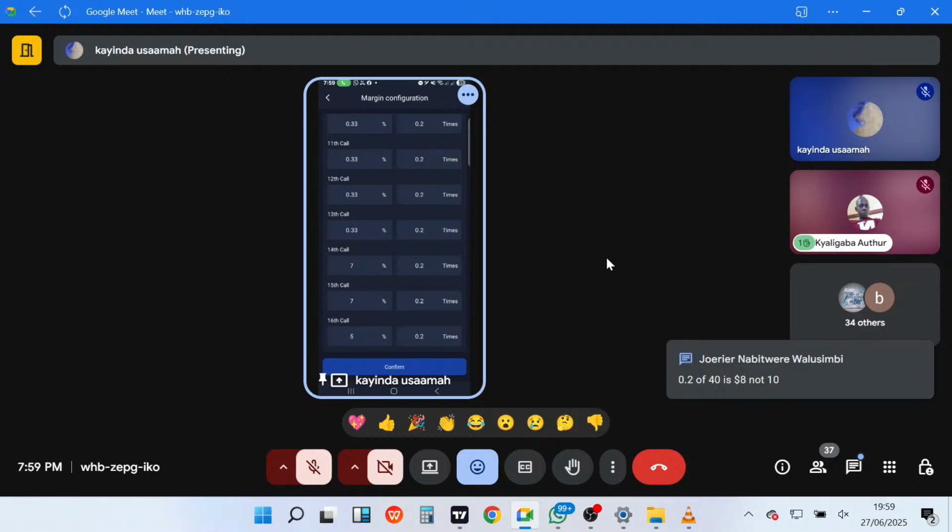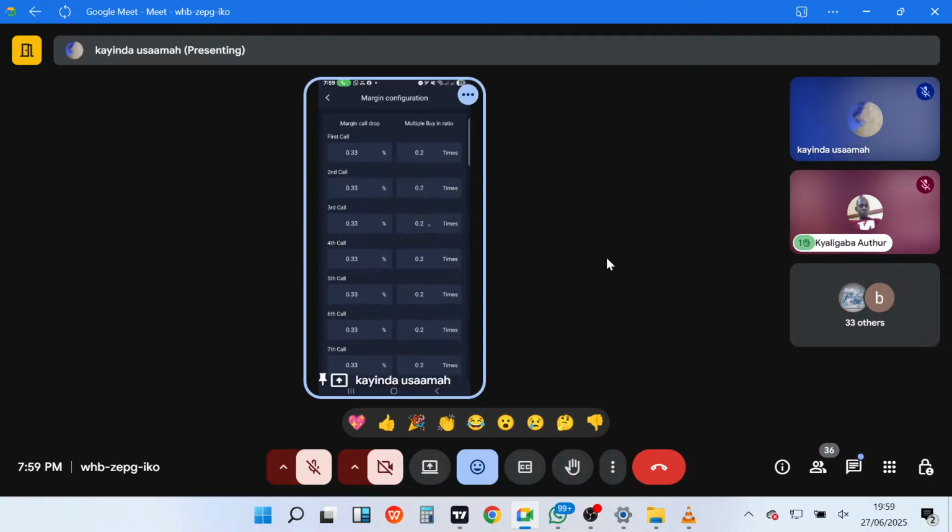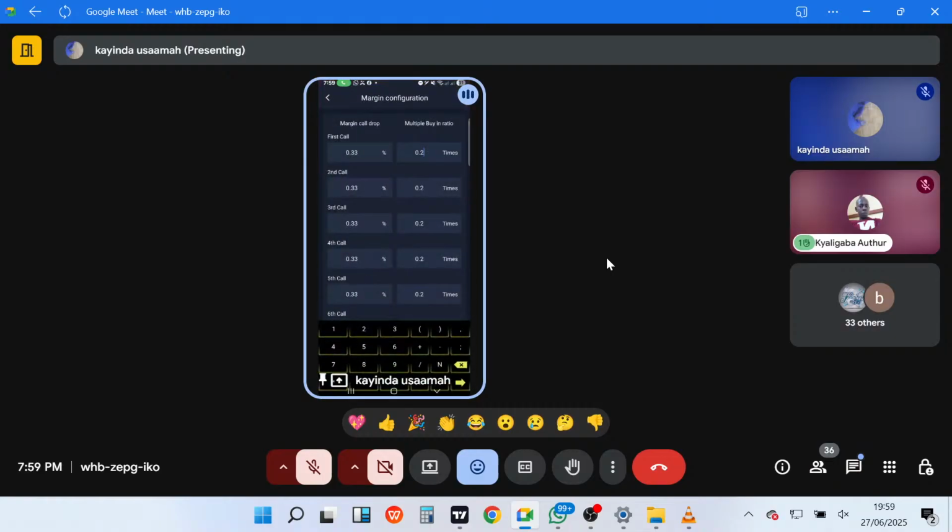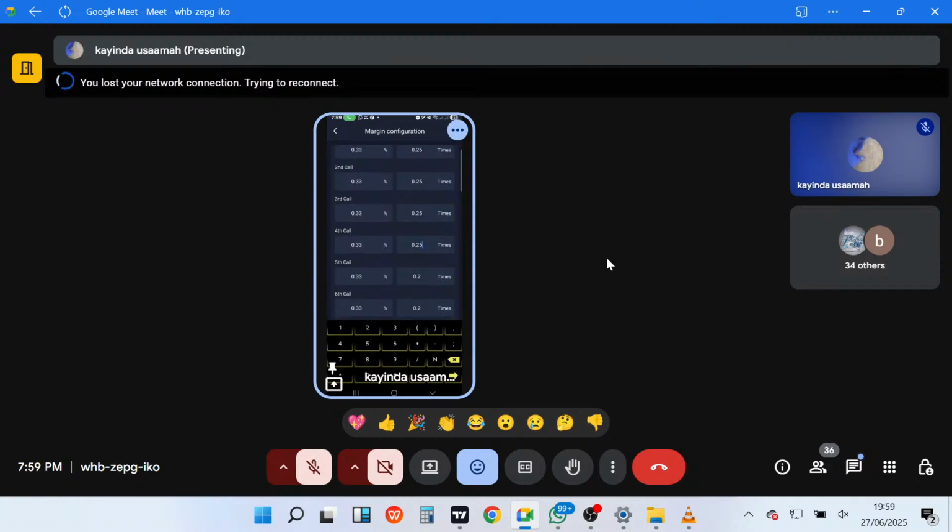The 0.2 of 40 is 8, not 10. Let's see here. Okay, it should be 0.25.